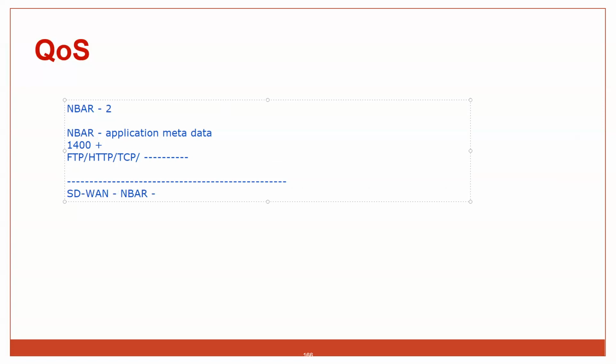And once they use NBAR, they can recognize the application. Once they recognize the application, you can create new types of things: you can create application aware routing. Not only application aware routing, but you can also use application aware firewalling techniques.